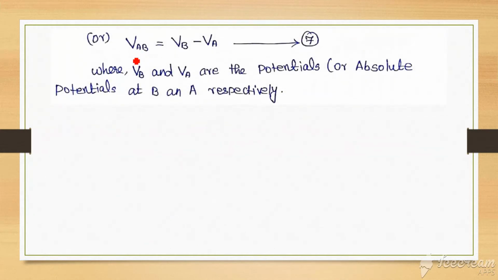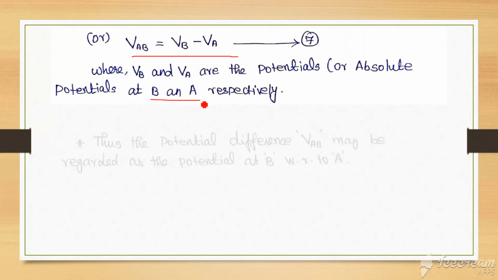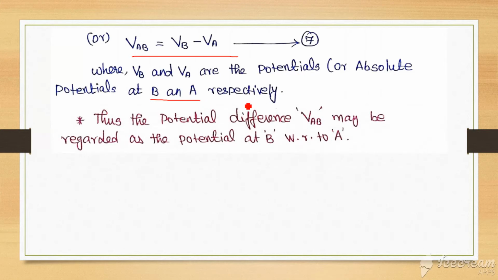So in general VAB can be written as VB minus VA, where VB and VA are the absolute potentials at B and A respectively. So this potential difference VAB may be regarded as potential at B with respect to A.